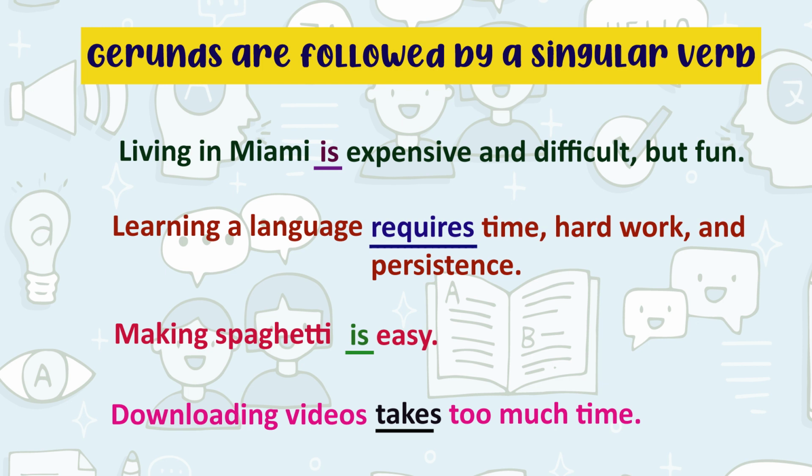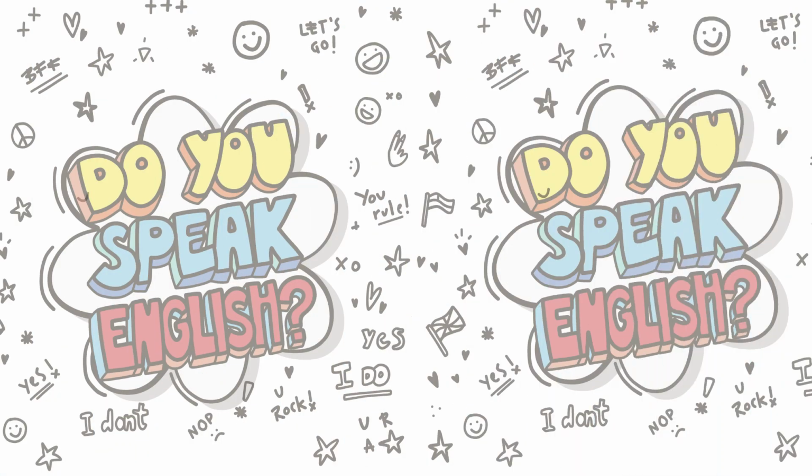Learning is gerund as a subject, requires is the verb, and in the rest you can see the same reference. So we always get this idea when we are using gerund and they are followed by singular verbs, as you can see in this example.